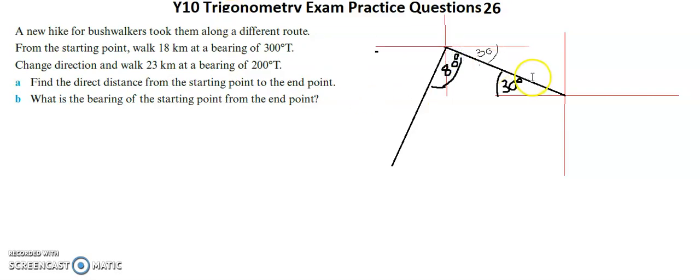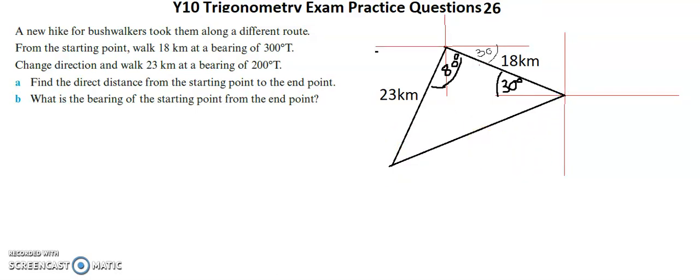I know at the start I walked 18 kilometers. And on this side here, I walked 23 kilometers. So I'm starting to get all of my information out. Now it asks me, find the direct distance from the starting point to the end point. So I need to join these two together and look at this distance right here.